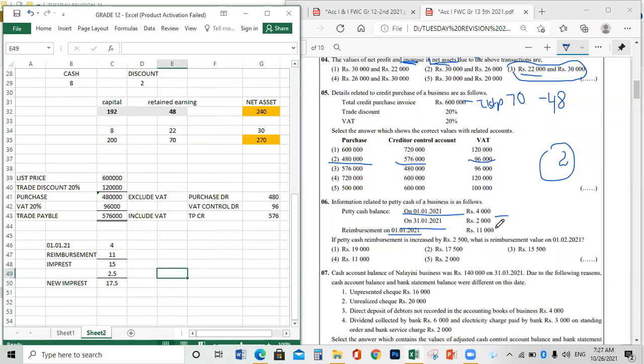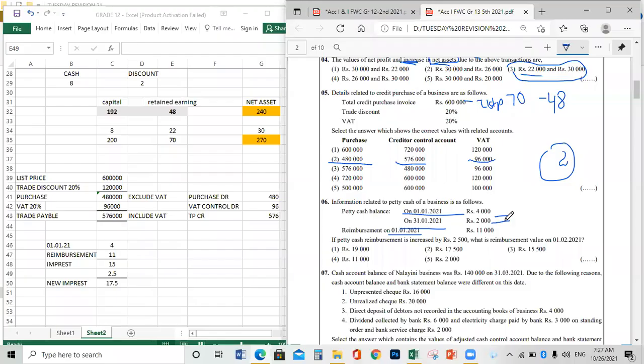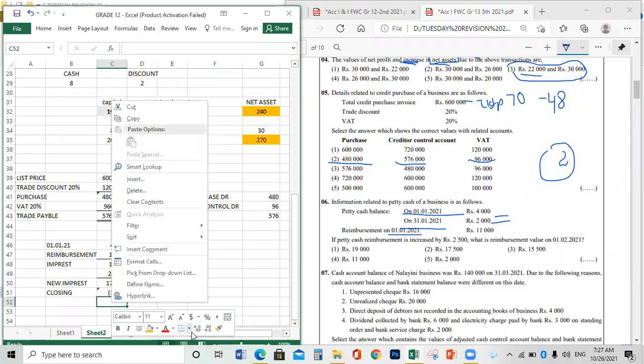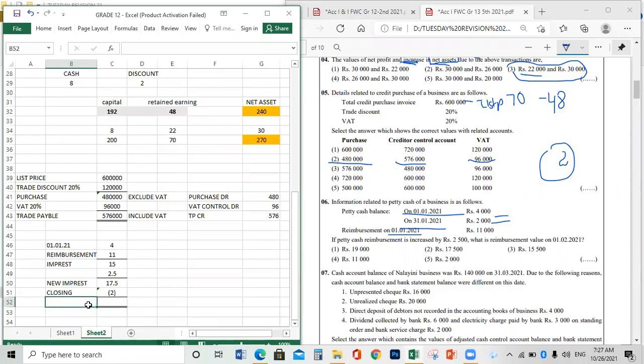Now at the closing date, January closing date, you have a closing balance of how much? 2,000. Then how much will you reimburse? You're going to reimburse the remaining.